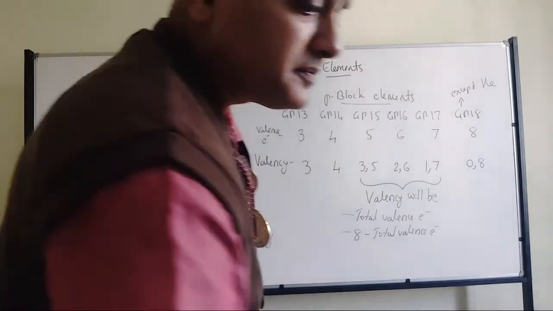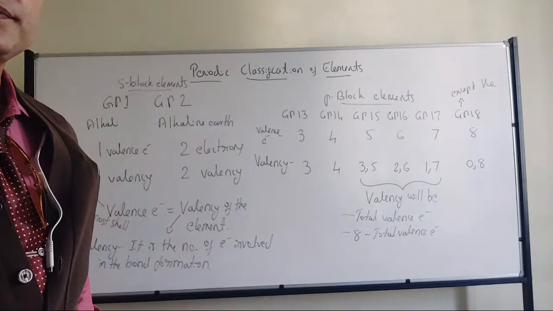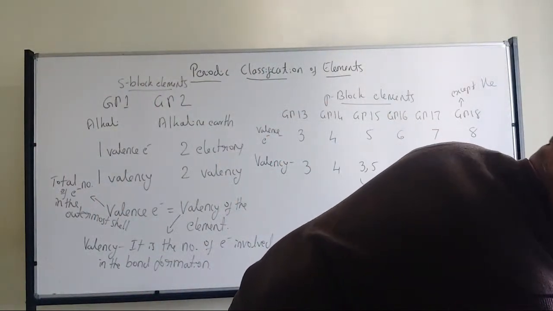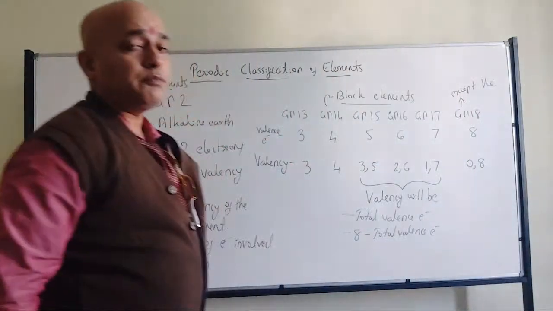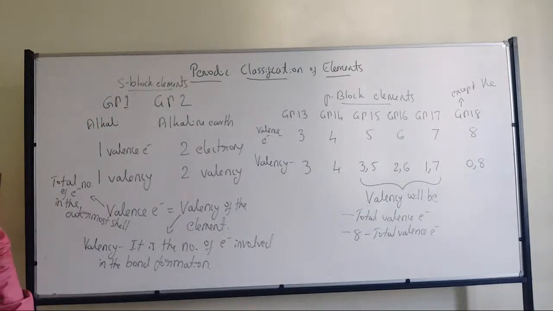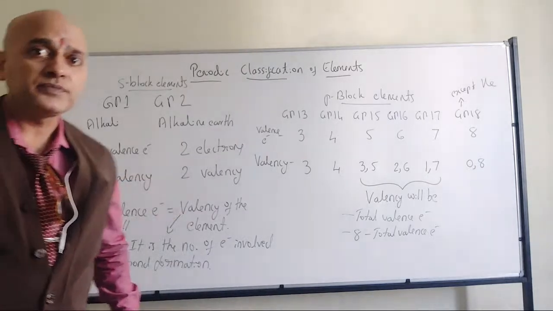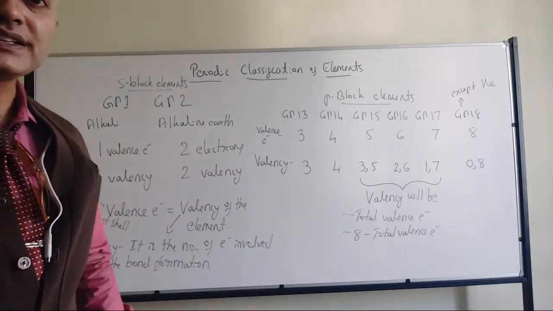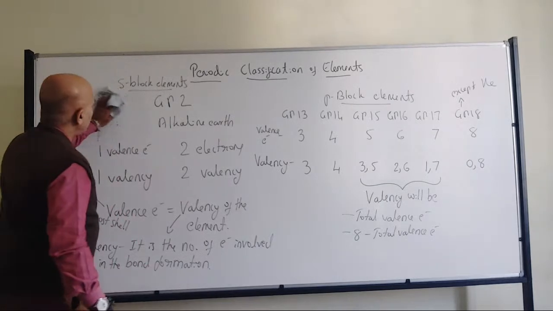Any doubts? This is going to help you in writing the formula of the compounds. Shall I remove this? They are all important from your competitive exam point of view. And it will help you to write the formula of the given compound.